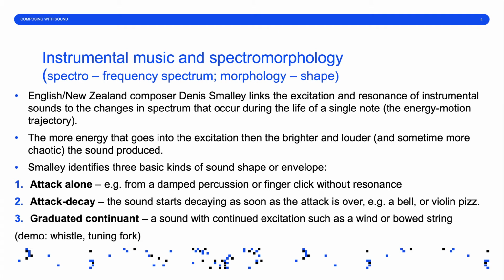The attack decay sound shape, in which the sound starts decaying as soon as the attack portion is over. For example, my triangle, a bell, or a violin pizzicato, a plucked string.